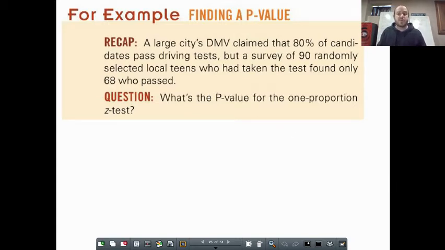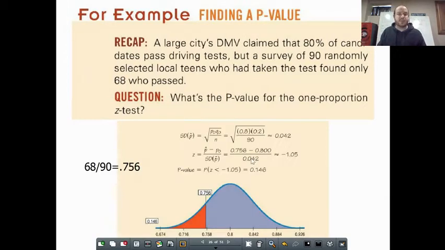So instead of going through and writing all of this out by hand, I do have a slide here with all of the work done for us so that we can kind of just talk our way through it. So first off, you see down here this 68 divided by 90 that I had mentioned, that's our probability of success for the sample. So that's what we got as our sample.